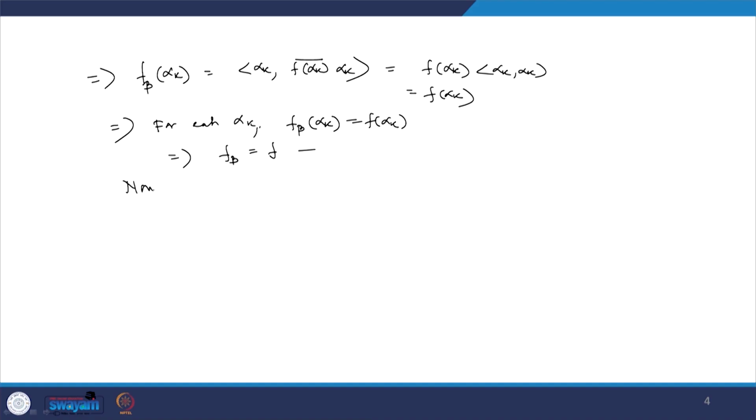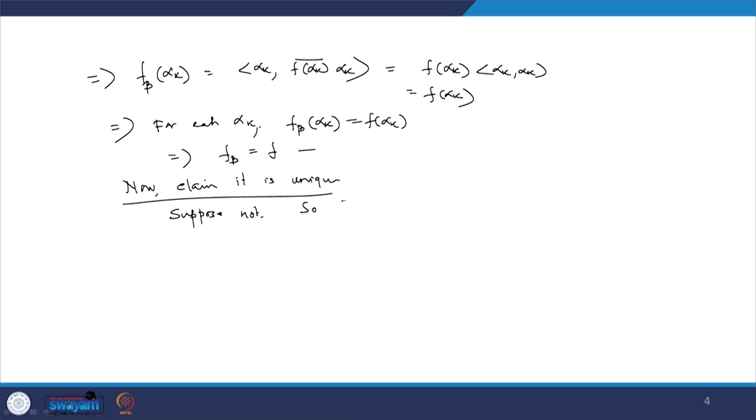Now, claim: it is unique. It is unique. Suppose not. Suppose not.